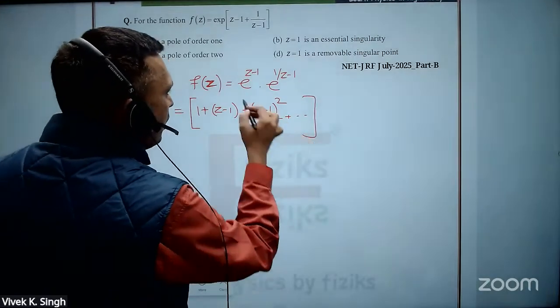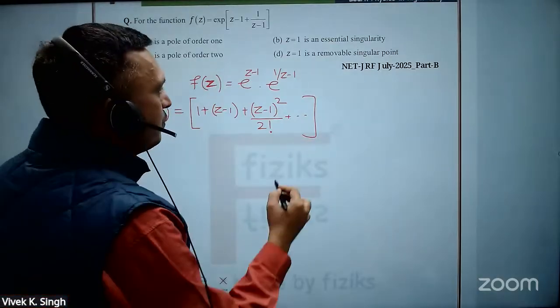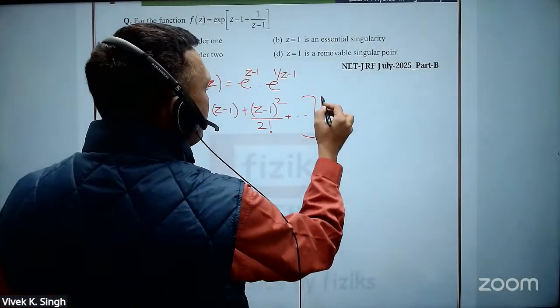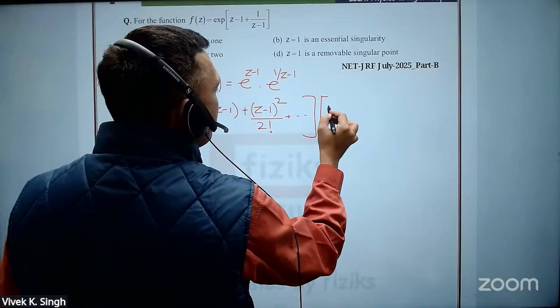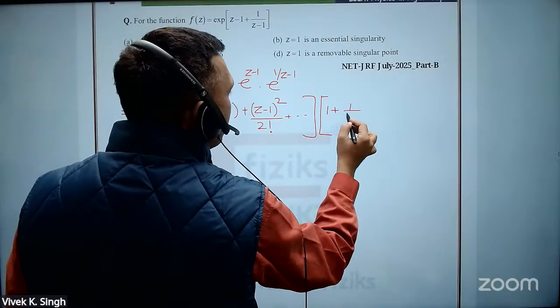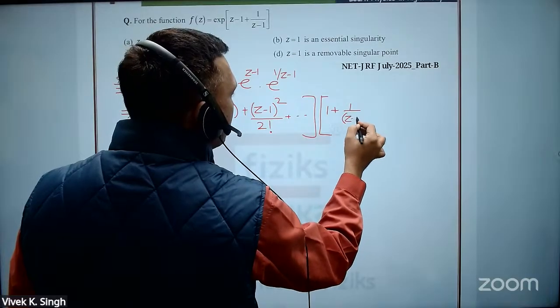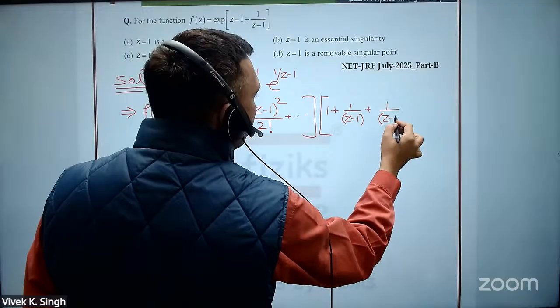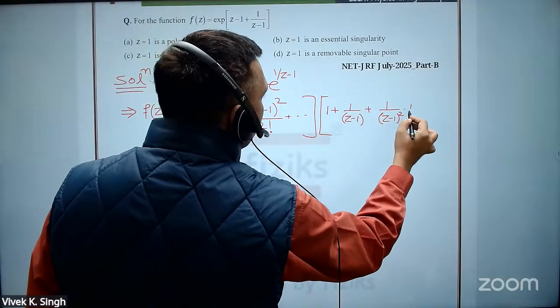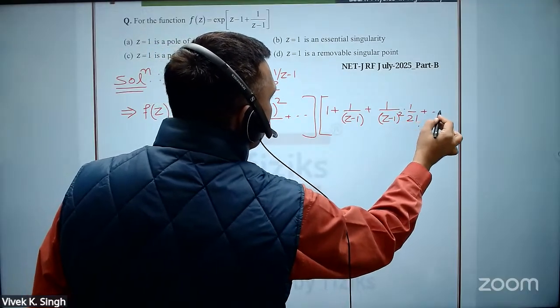This is the expansion of e power (z minus 1). Then we have to see exponential 1 by (z minus 1): 1 plus 1 by (z minus 1) plus 1 by (z minus 1) whole square by factorial 2, and so on.